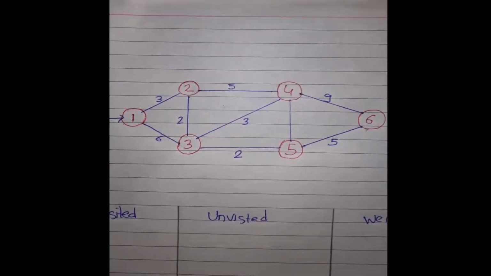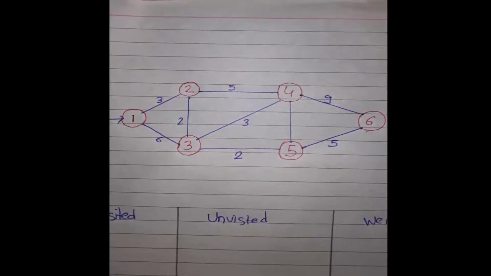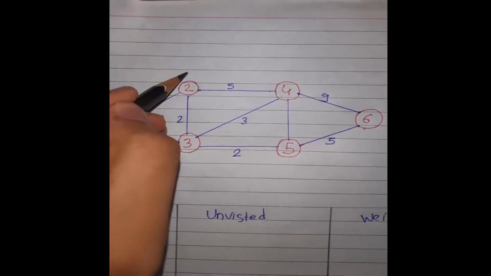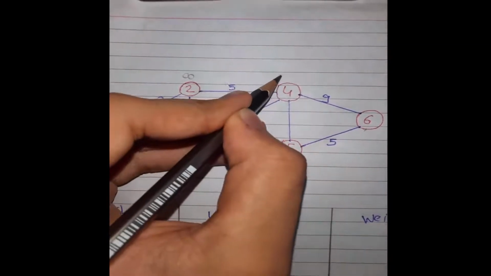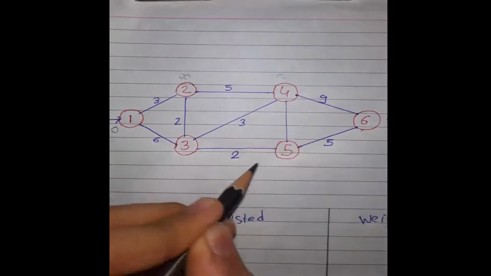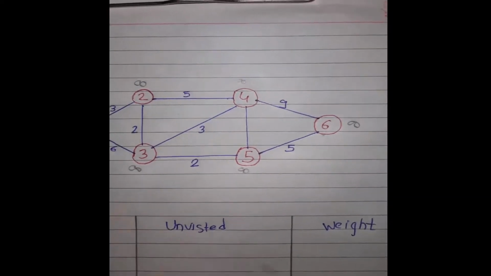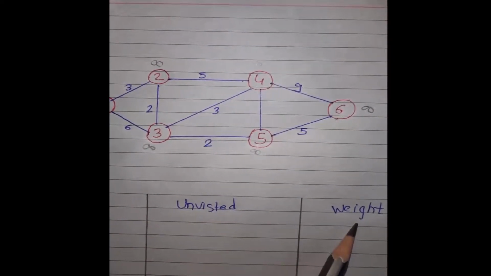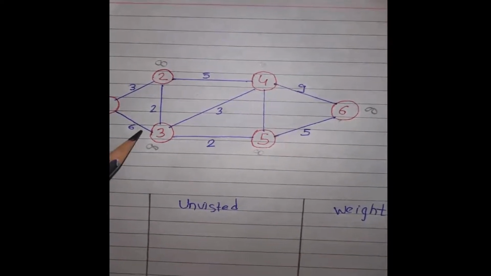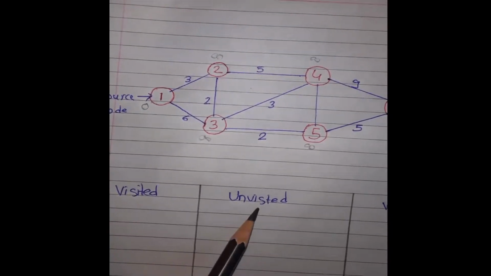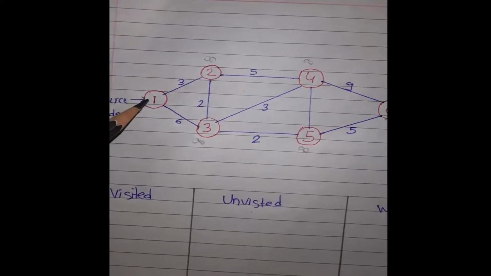We are considering the weight of our nodes: the source node is 0 and all other nodes are infinity. Here the weight represents the distance between two nodes, and we are going to discuss visited nodes and unvisited nodes both. So we are starting from 1.